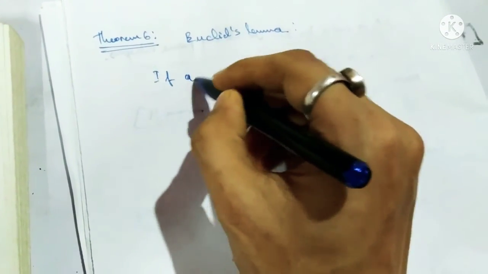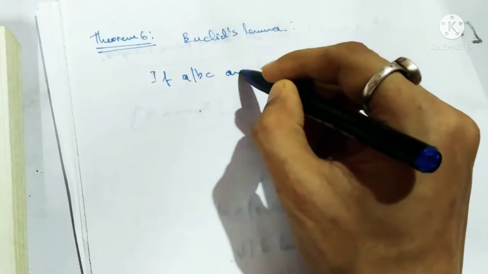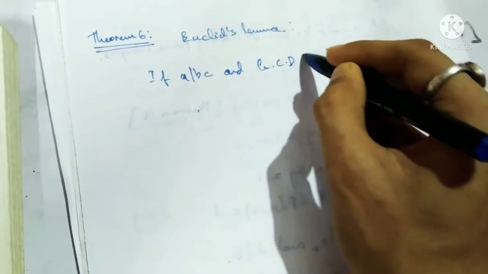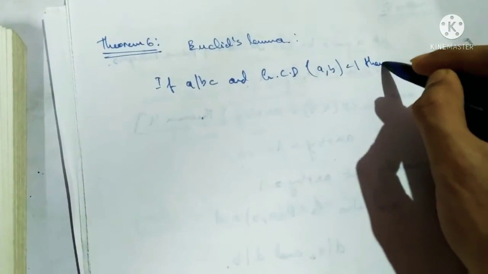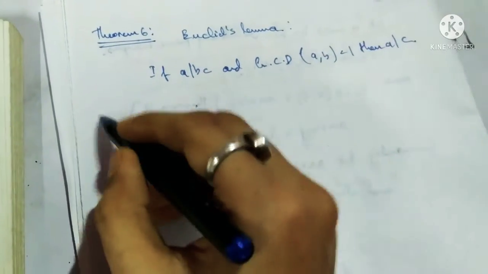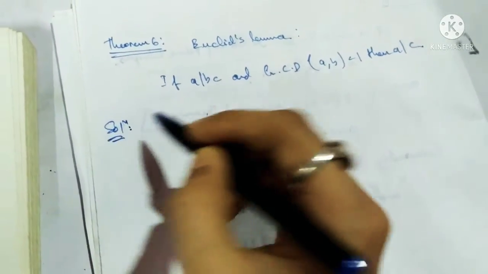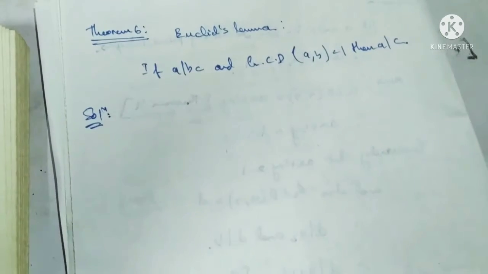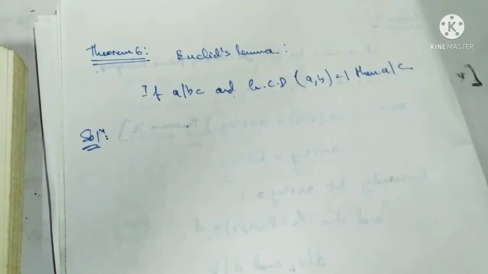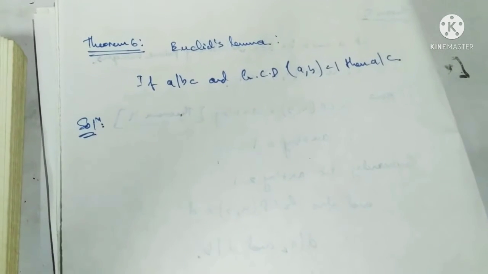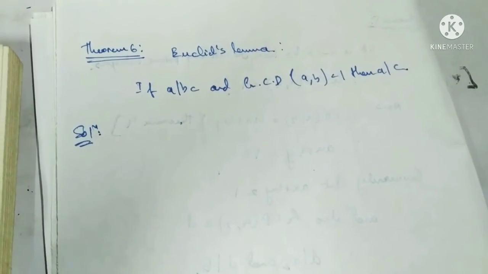It says that if A divides BC and GCD of A, B is 1, then A divides C.